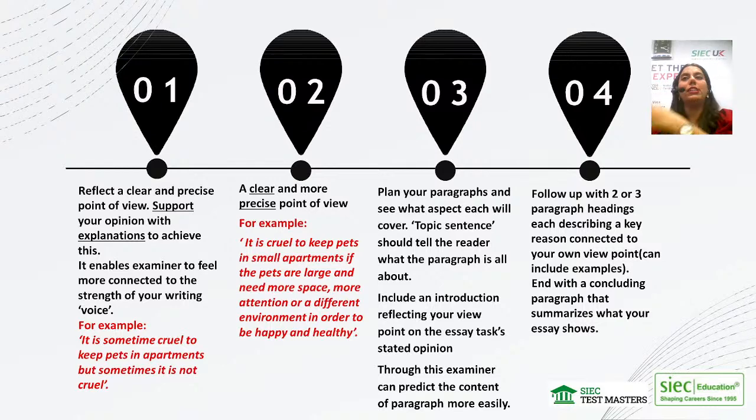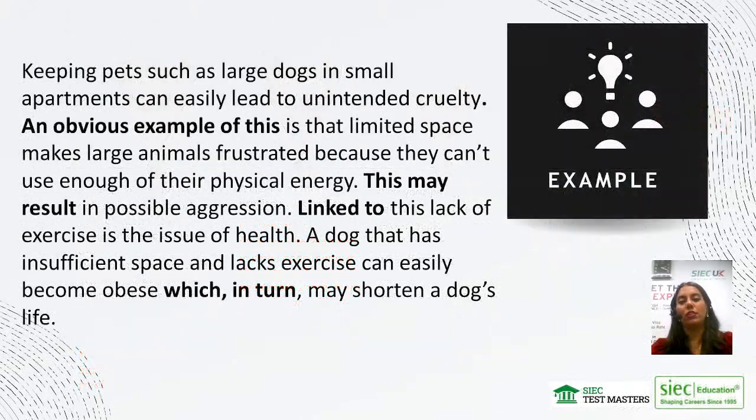Now, this is the example of what comes out to be the first body paragraph. Now, see, keeping pets such as large dogs in small apartments can easily lead to unintended cruelty. This is the topic sentence. Now, an obvious example of this is that limited spaces make large animals frustrated because they cannot use enough of their physical energy.